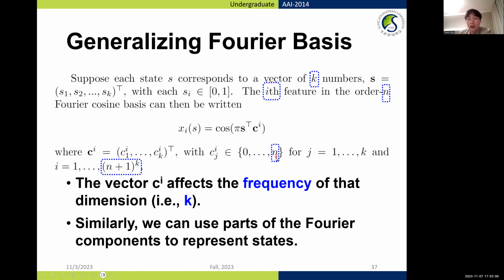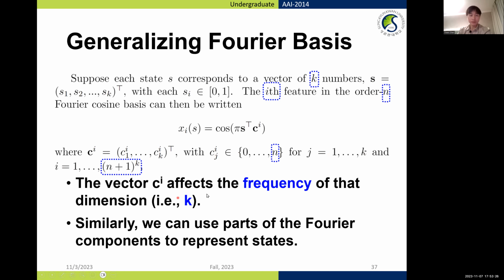So this order also defines the frequency: the higher the order, the higher the frequency. For j equals 1 to k, j just follows the state spaces, and i equals 1 to (n+1) to the power k.